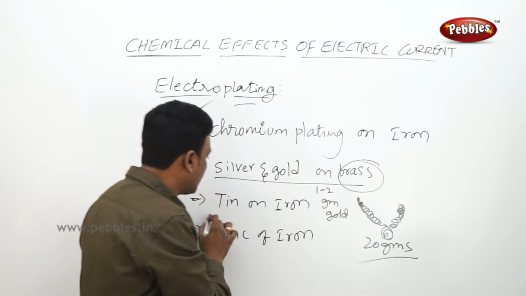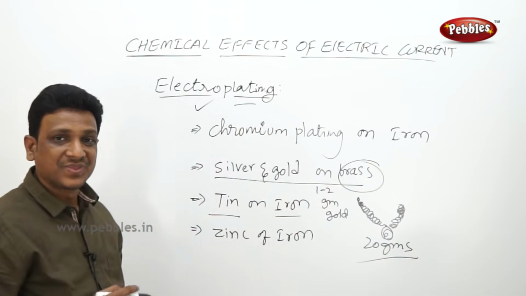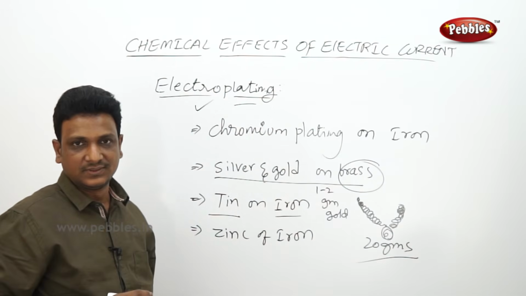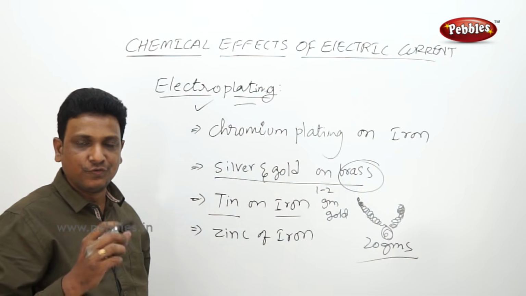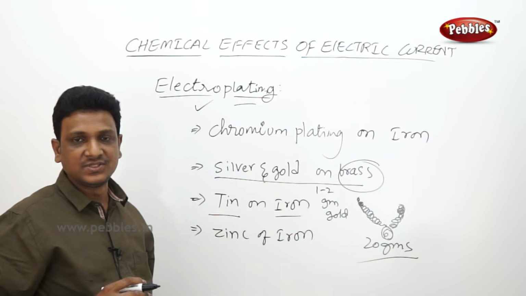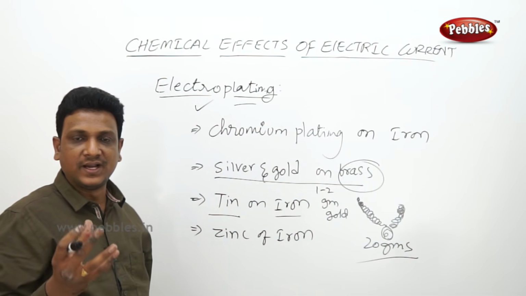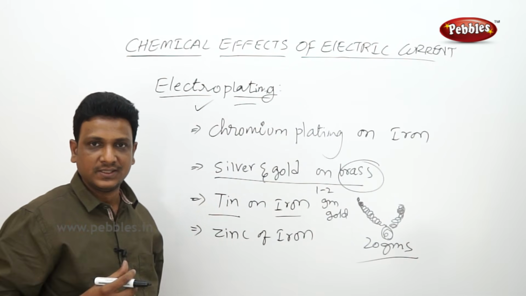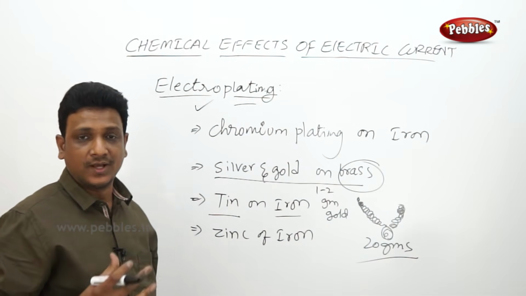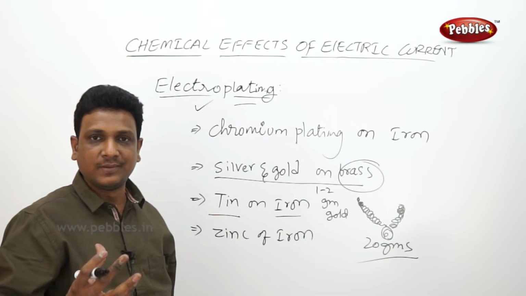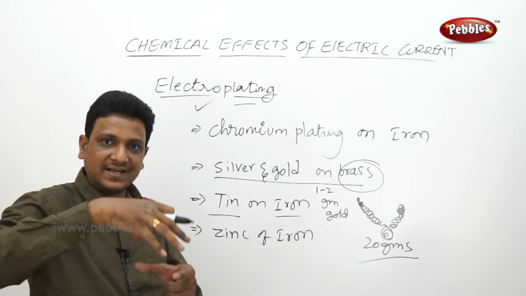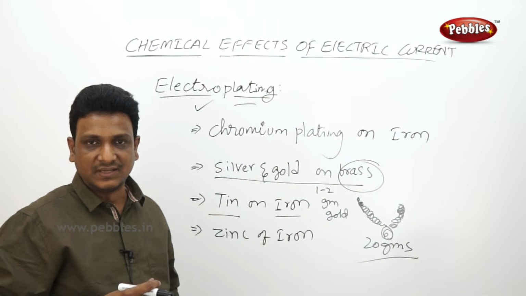The other one, coating of tin on iron. Tin is a less reactive metal. Tin cans are used for food packing, certain semi-processed food items, completely processed food items. Say if you go to the market, you will find ready-made gulab jamun, ready-made rasagola. The rasagola or gulab jamun with the syrup, they are packed in a can, right?